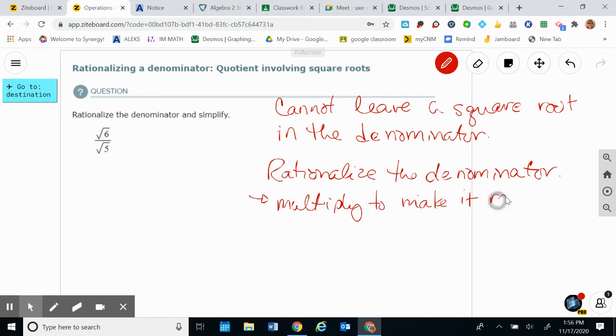I know that's kind of lame, but you'll see what we're going to do. So here, to get rid of that square root of 5, we need to multiply it by the square root of 5. And that will get rid of it.